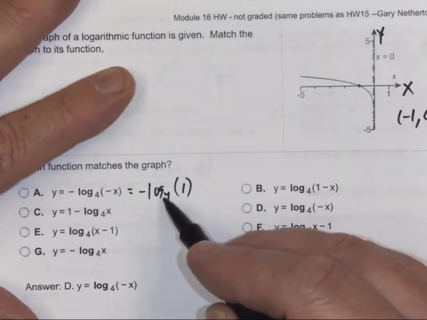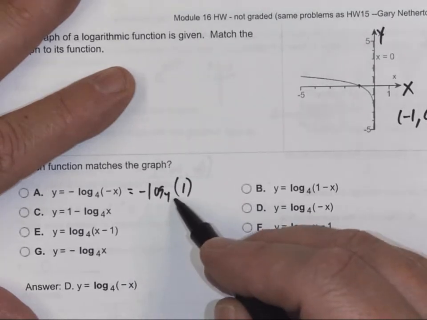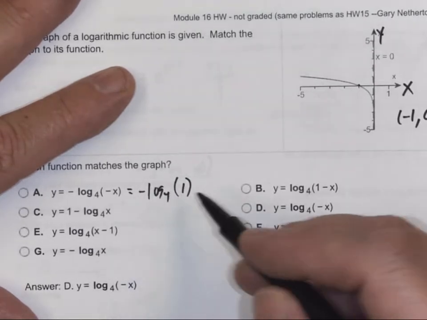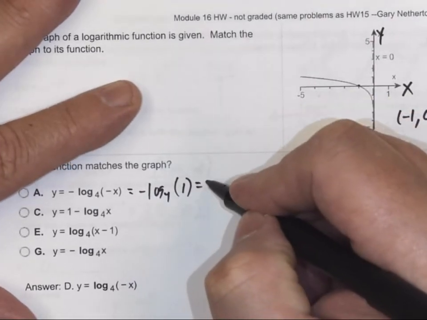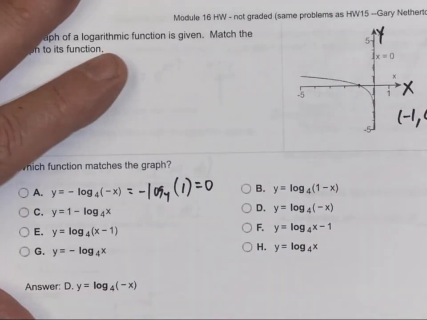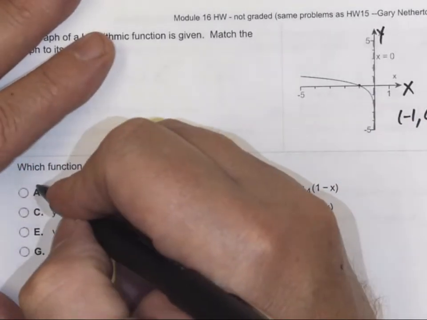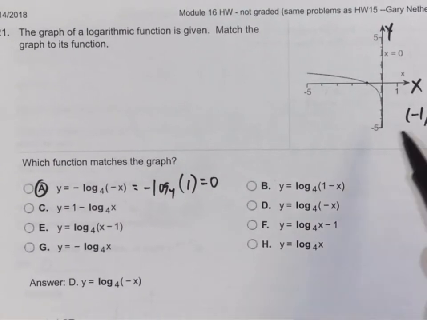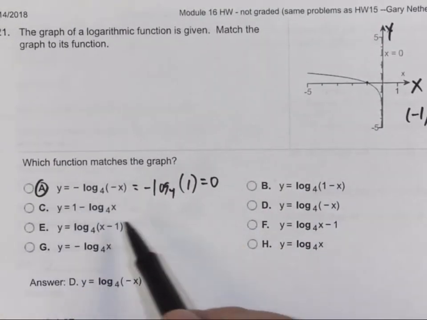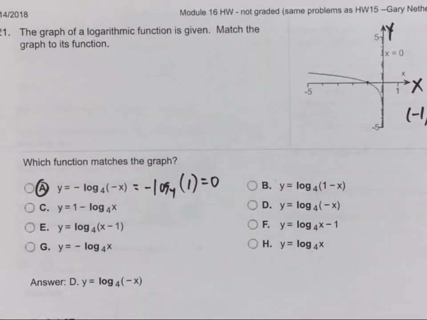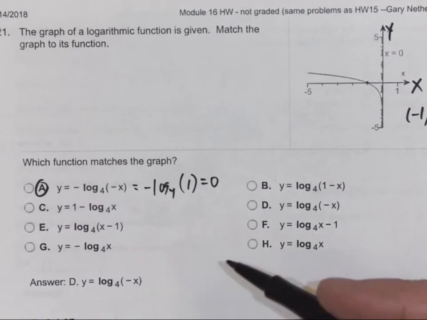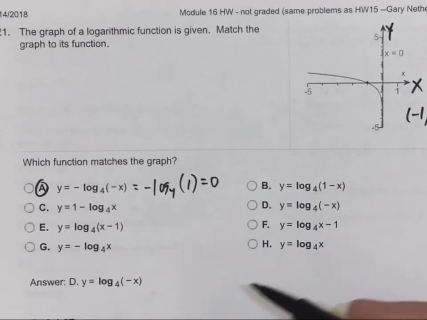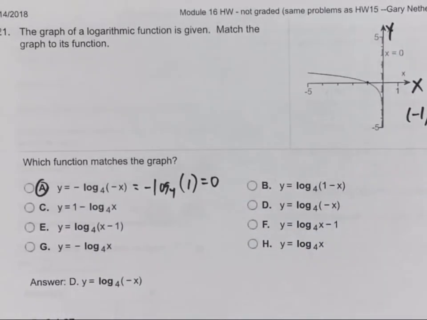Well, just a minute ago, what did we say about when you take the log of 1? It always equals 0. So a negative 0 is 0. Actually, it's 0. That might be my equation. When I plugged in -1 for x, y ended up being 0. But I can't stop. Maybe there's another equation or two that would also work, so I have to keep going.